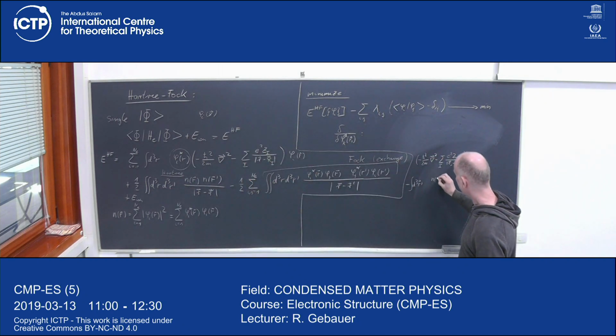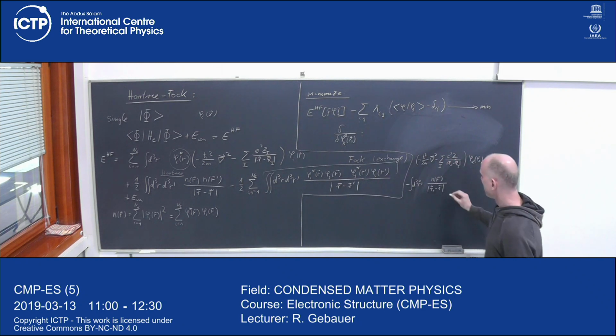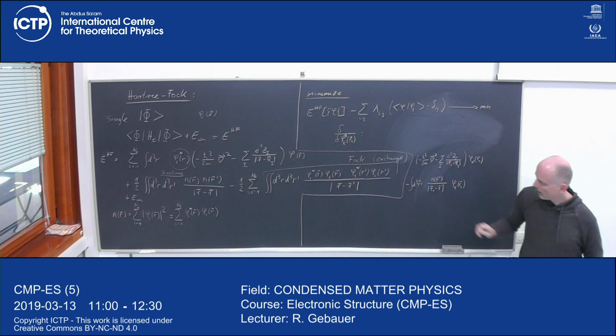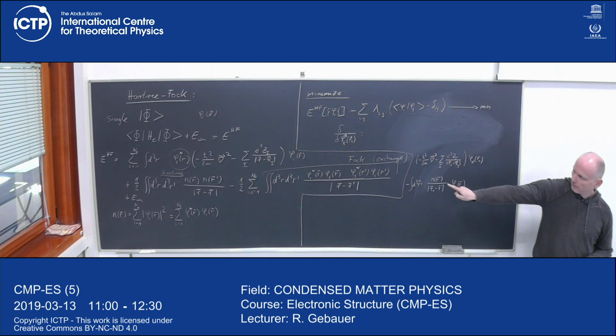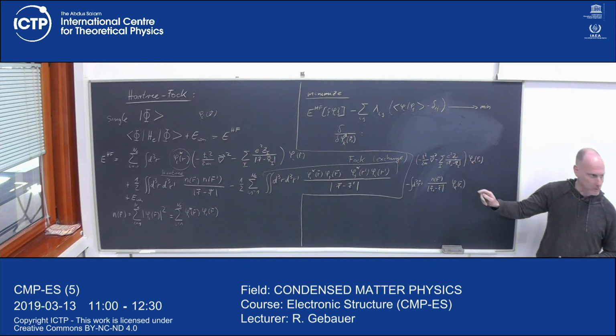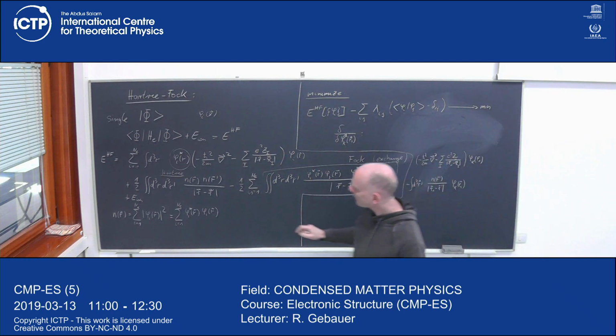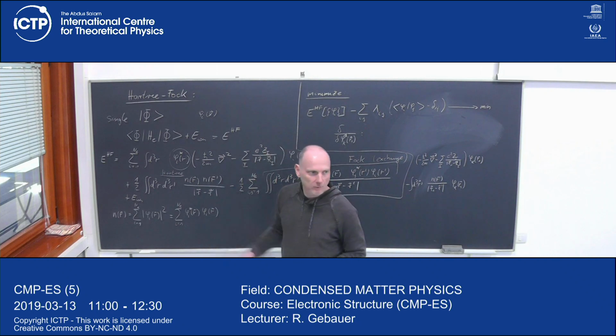And I have n at the position r prime divided by the absolute value of r1 minus r prime, times phi k of r1. Again, this is the term written here, derived with respect to n at r, and then I derive n of r with respect to phi star, by chain rule, and obtain this. The factor 1/2 again goes away because I have this and that.